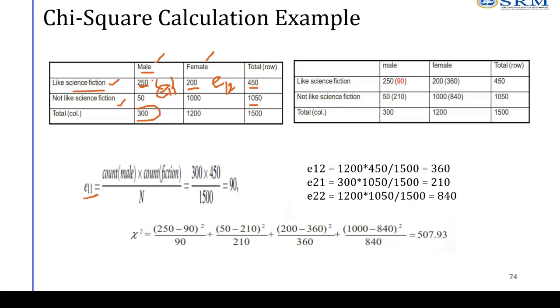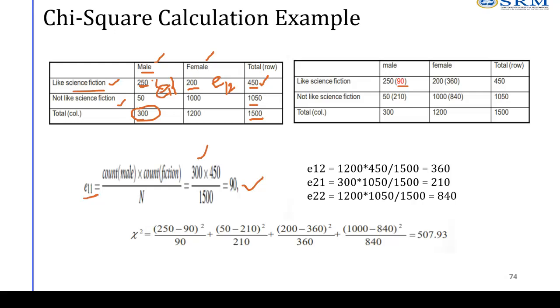The count of male is 300, and the count of people who like fiction is 450, divided by the total number of people, who like or do not like fiction, irrespective of male and female. The total number is 1500. So the answer is 90 for the cell E11. The expected frequency is 90.